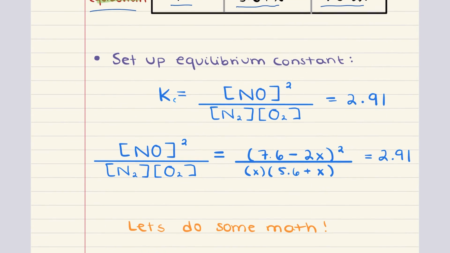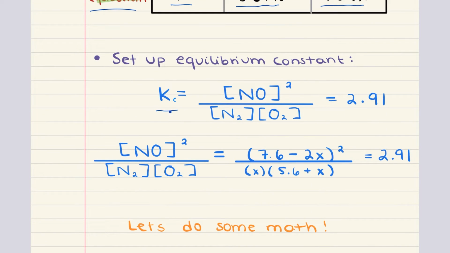Now we can set up our equilibrium constant. We know that the equilibrium constant is defined as the concentration of the products raised to their stoichiometric coefficients divided by the concentration of the reactants raised to their stoichiometric coefficients. And we're told in the problem that the equilibrium constant is equal to 2.91.